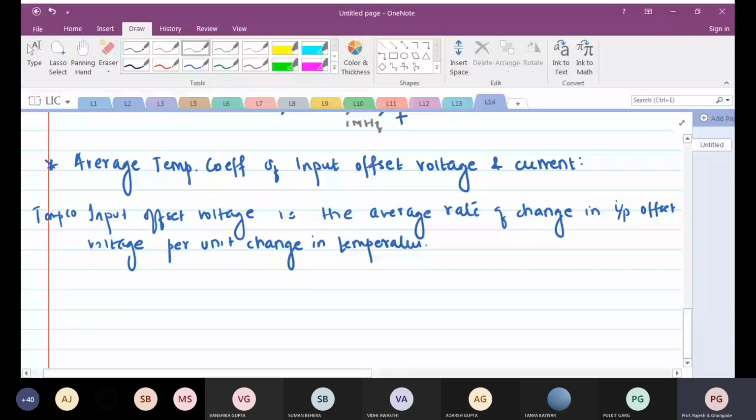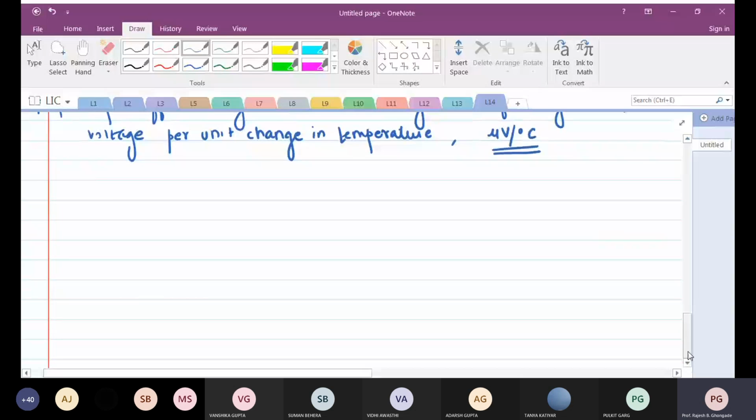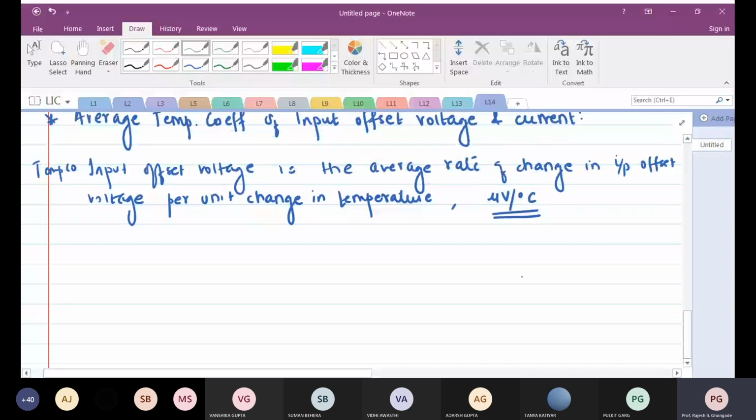It is expressed in microvolts per degree Celsius. Remember this. So how much the input offset voltage changes if the change in temperature is there.